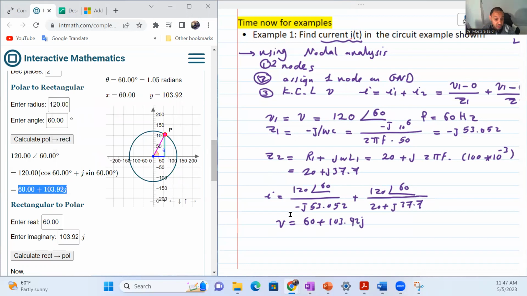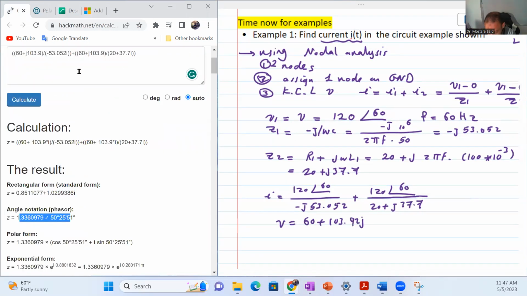Then we're going to calculate. If you do this yourself, it would be very complex. So we're going to use this very neat website. In this website, we're going to divide. I have it already written, but just in case you write it yourself. So this is basically V. So V is 60 plus J 103.9.